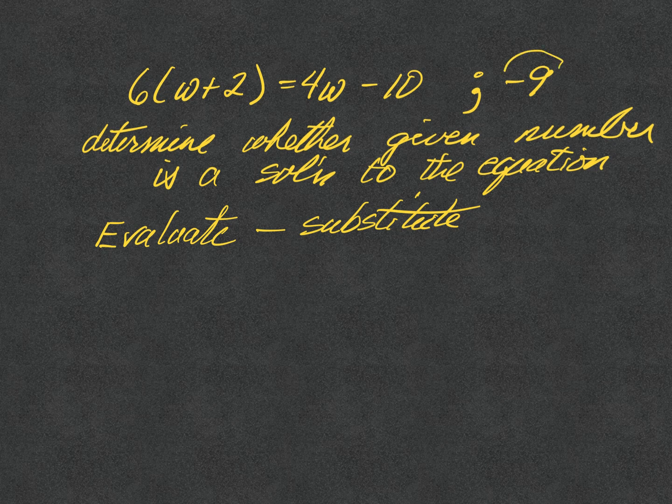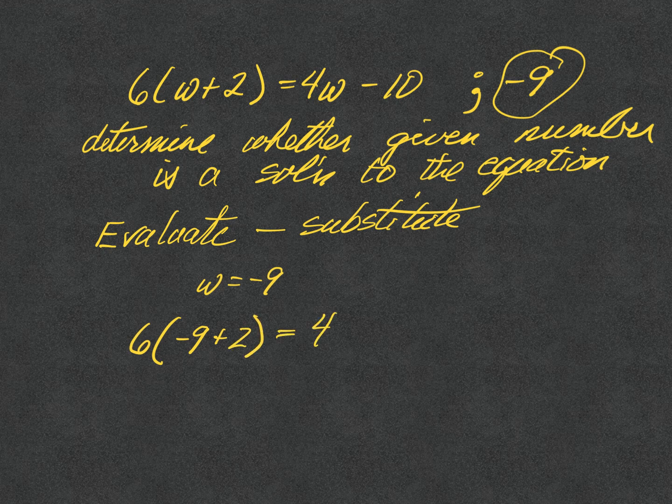So the number we're given is negative 9. What they're saying really is W equals negative 9. So for every W, we have to substitute. I go 6 times negative 9 plus 2 equals 4 times negative 9 minus 10. Now, these are just numbers, arithmetic expressions, so I need to simplify them.